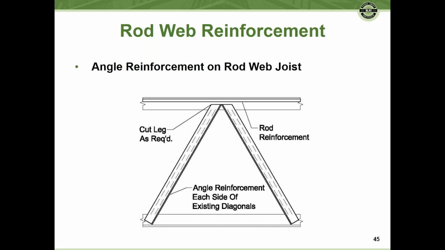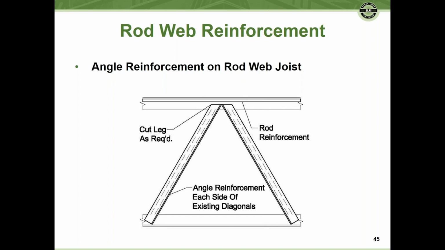It's really easy to do web reinforcements on rod webs because the round webs are interior, and so you can just lay the reinforcing angles on the outside of the existing webs. And also you can see in the top chord in this particular case we've got rod reinforcement there, and so it's pretty easy to get that in.